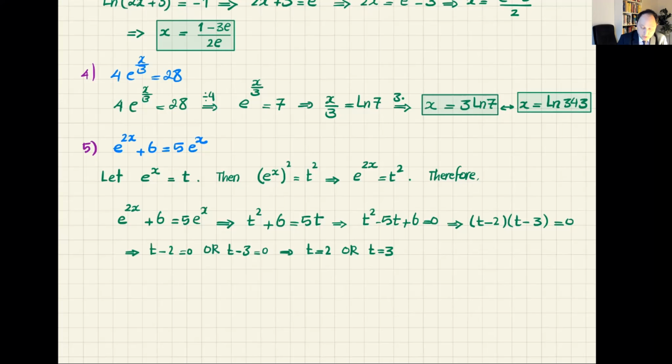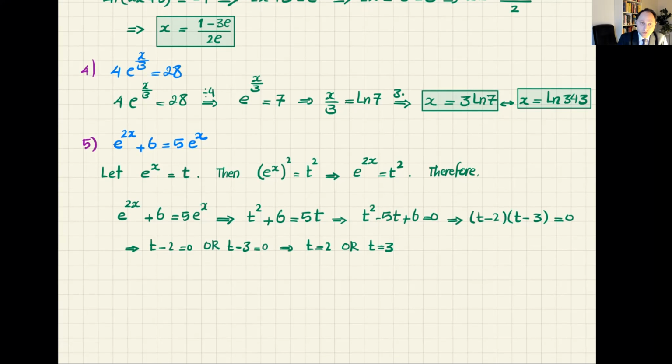But my point is not to find t. My point is to find x. But I know the relation between t and x. So t equal to 2 means, if I put it in this equation, that e to power x is equal to 2. Based on what we learned, x is simply ln of 2.